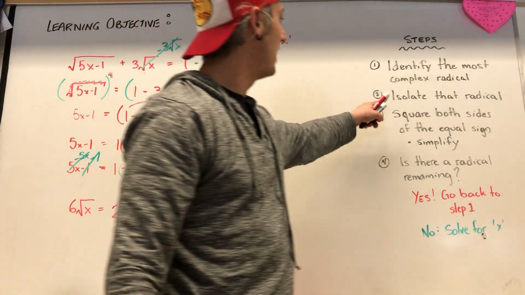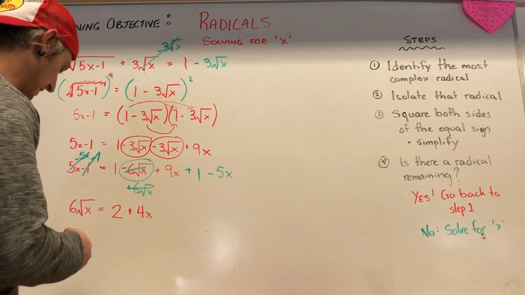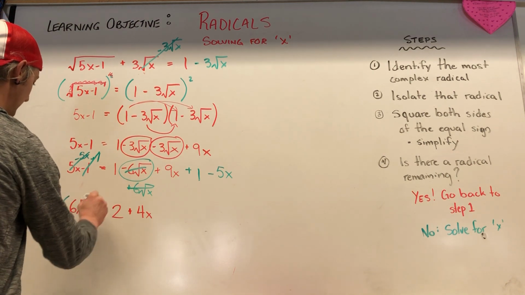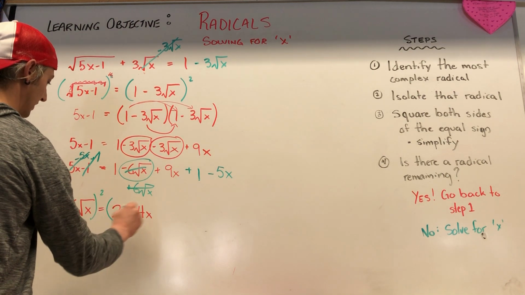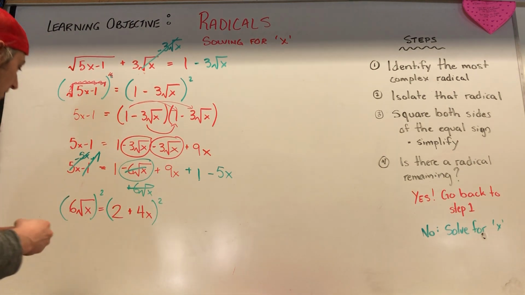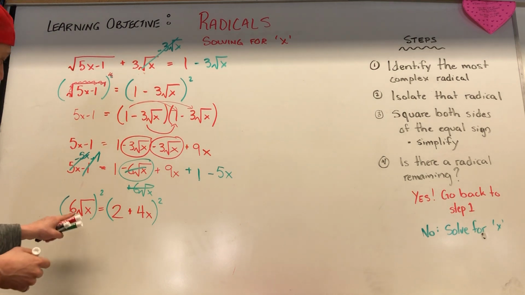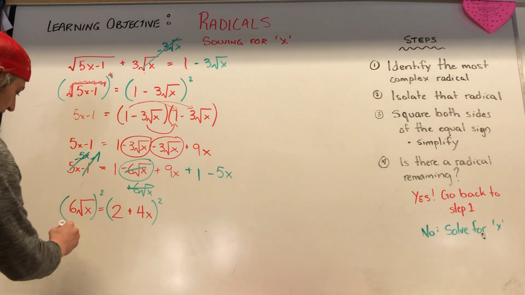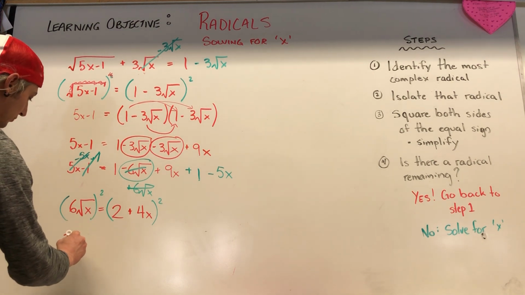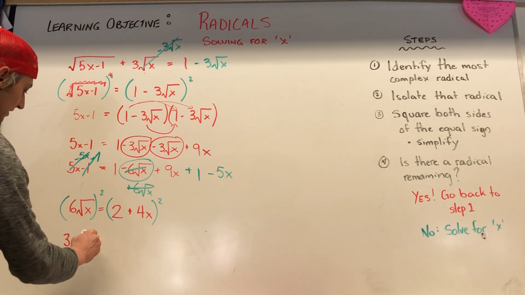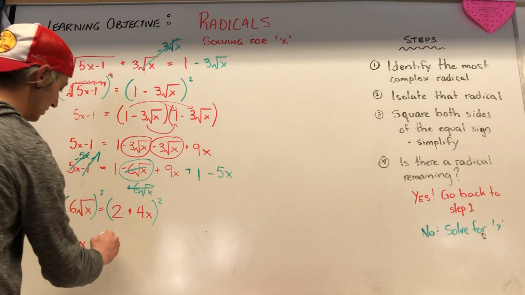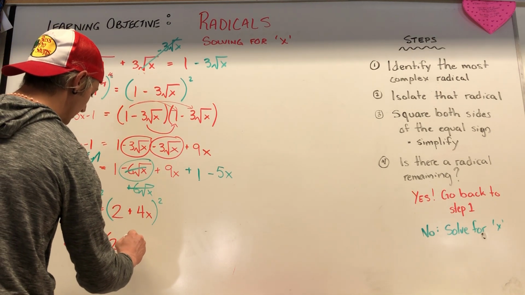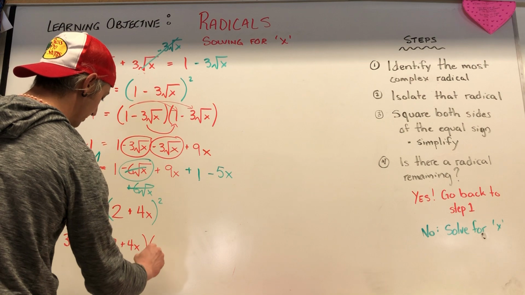So I've isolated the radical, now I'm going to square both sides again. So I'm going to square this side. I'm going to square this side. This side, I know, will be 6 times 6, and then root x times root x. So 6 times 6 is 36. Root x times root x is x. 36x is equal to this binomial multiplication.